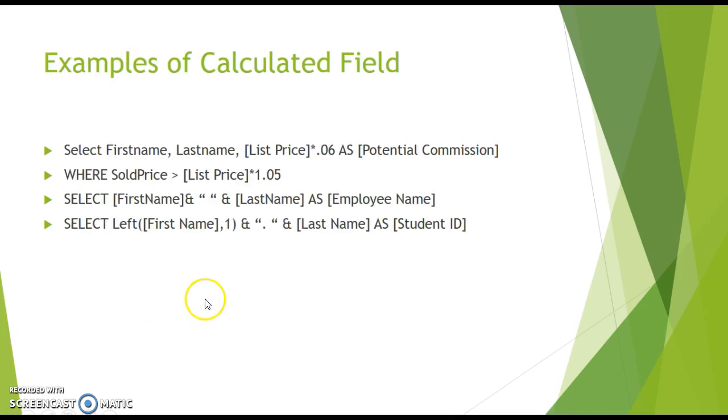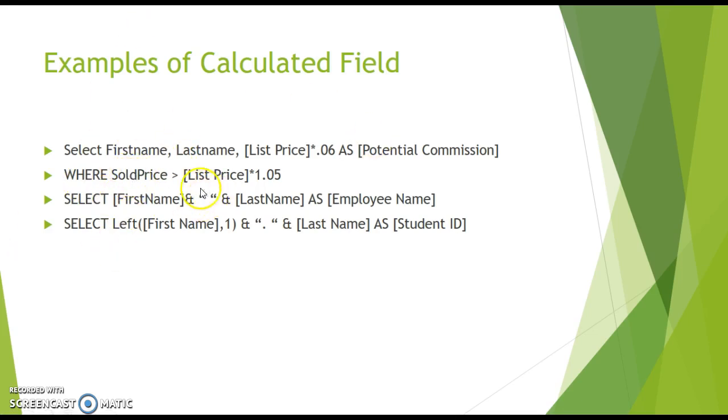So, some examples of a calculated field. On my select command clause, I select the first name, last name, and then I'm going to list the field called potential commission, and it's going to be calculated by taking list price times 0.06. When I run that, you're going to see three fields: first name, last name, potential commission.